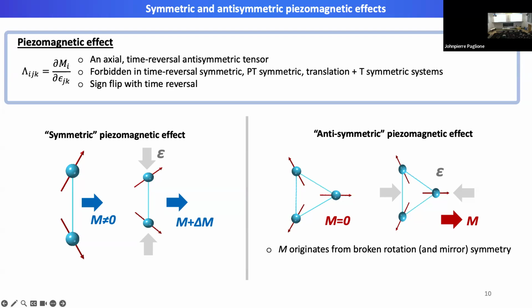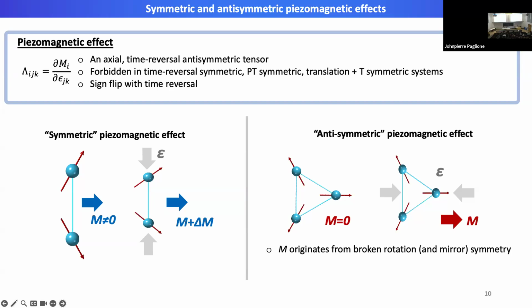To summarize this part, you see that the piezomagnetic effect has to come with a broken time reversal symmetry. And additionally, there is a very intimate relation between the crystalline symmetry and the particular magnetic structure and the piezomagnetic effect.